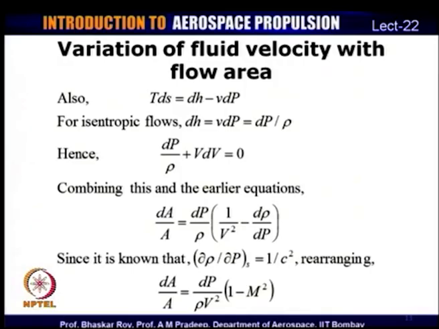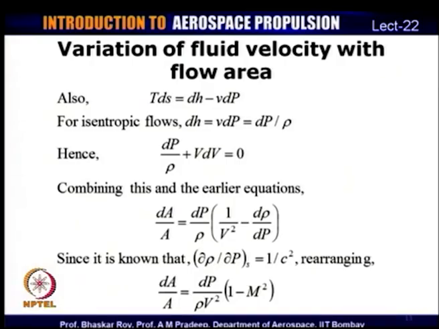M square is coming because we will get a ratio of V square by C square, which is basically equal to Mach number square. So, from the mass balance equation, we get dA by A equal to dP by rho V square into 1 minus M square, and this again we can rearrange based on our earlier equation.